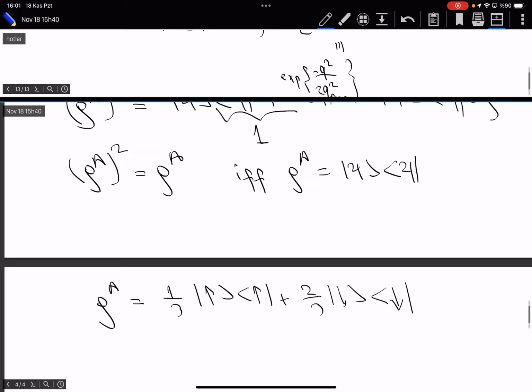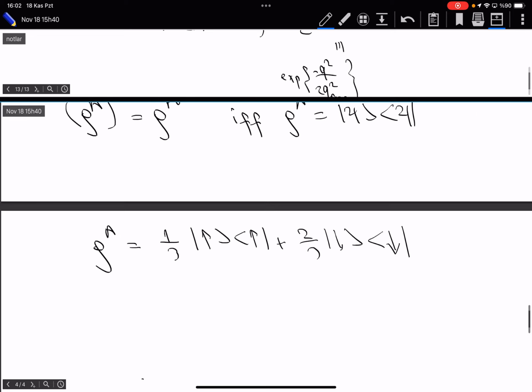This is also a possibility. Keep in mind that if you pick one, it is either spin up or spin down. If I have, I don't know, 30 electrons, 10 of them are prepared in the spin-up state, 20 of them are prepared in the spin-down state. So this is the corresponding density matrix.